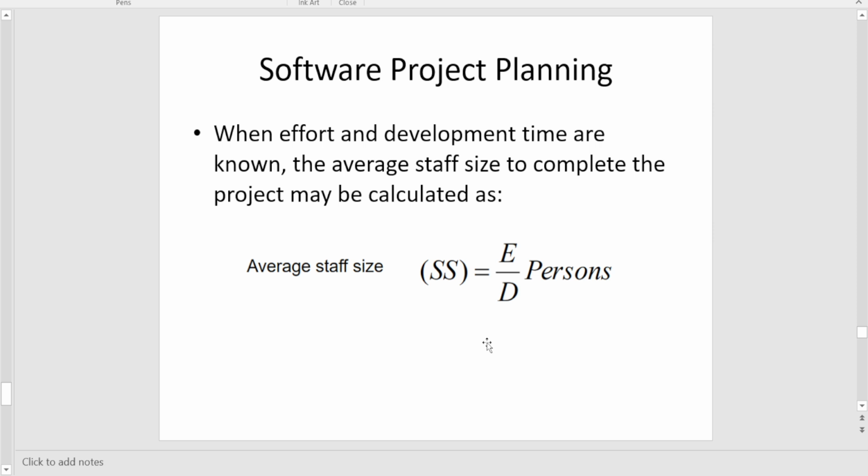Suppose the effort was X and the time was Y. If we divide X by Y, I will get the number of persons, the average size of the project, that is, how many people will be required.